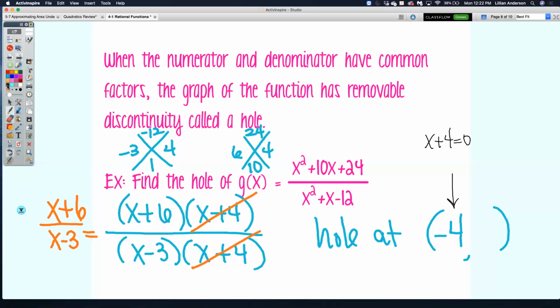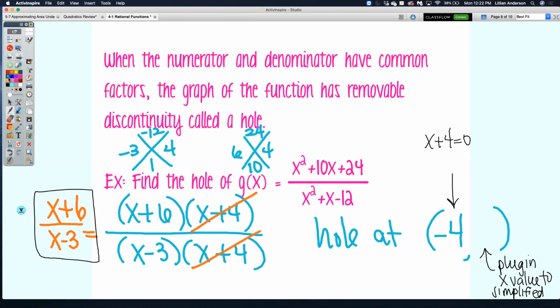I find the y coordinate of my hole by plugging the x value into the simplified form, which is right over here in the orange.